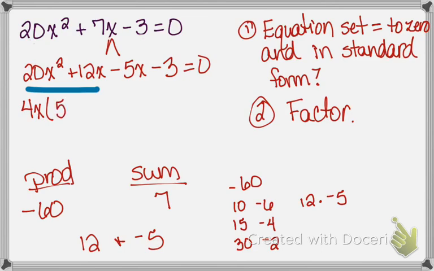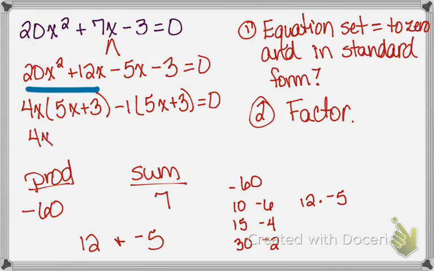I'm left with 5x plus 3. What am I going to take out of the second two? Yes, a negative 1. So then I'm left with 5x plus 3. So my factors are 4x minus 1 and 5x plus 3.